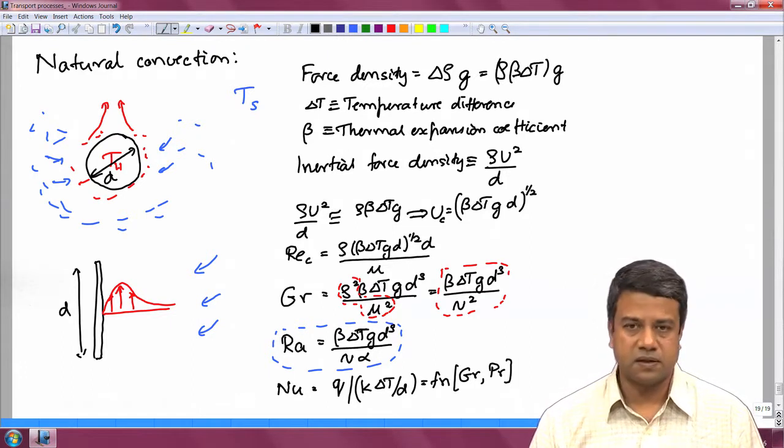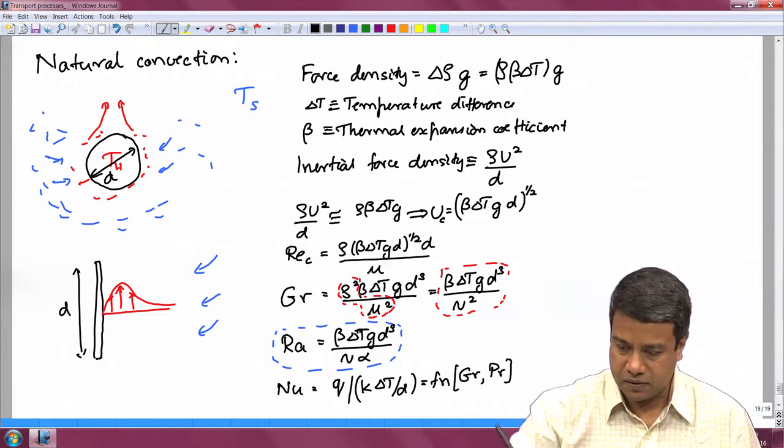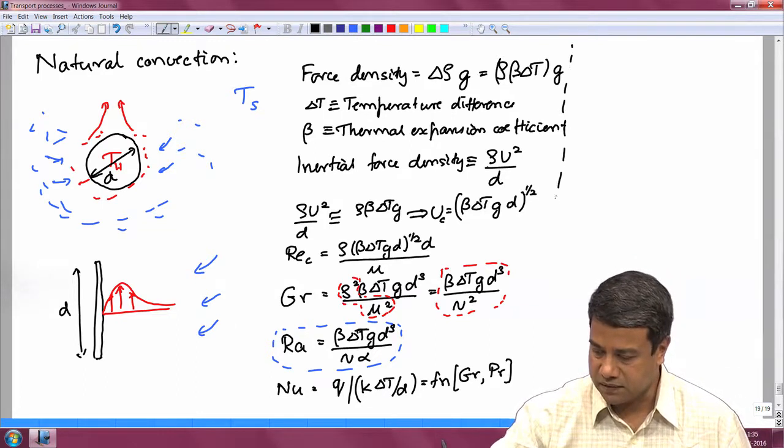You need to have some functional dependence, and there are correlations for natural convection as well.